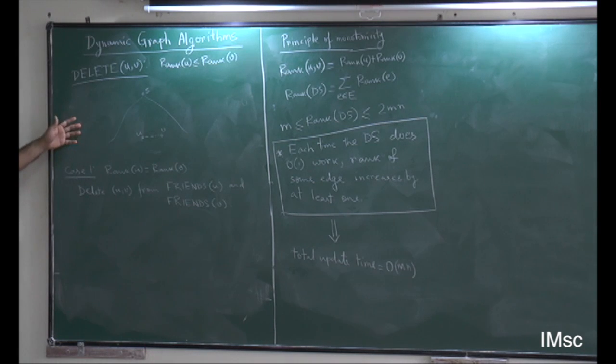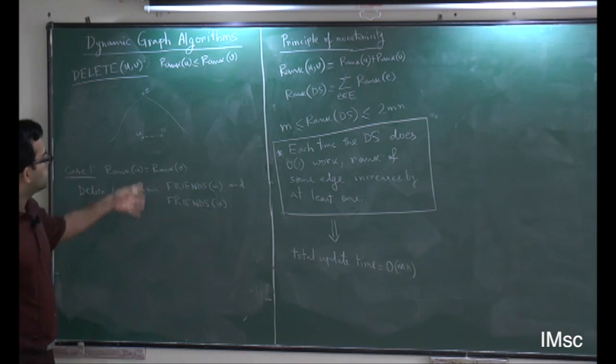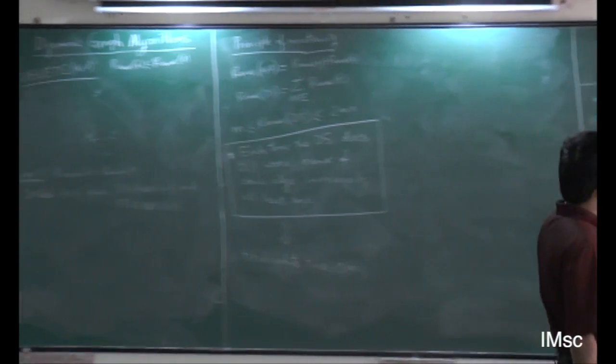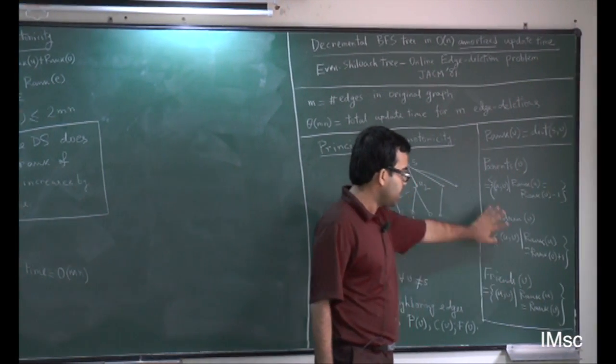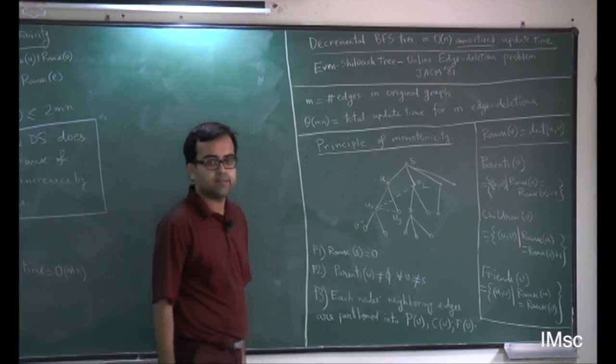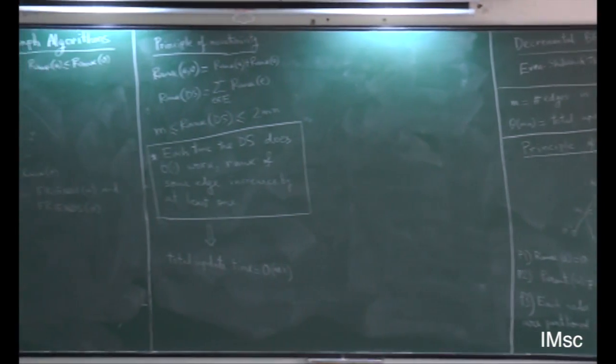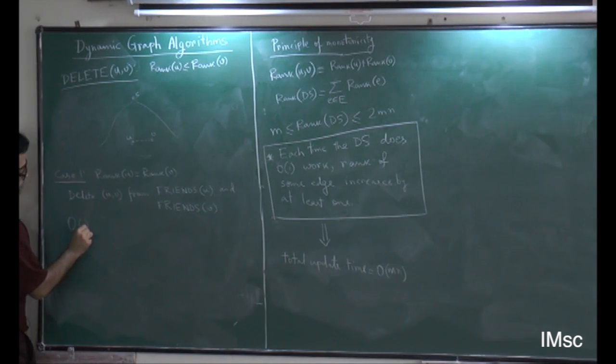No, it still remains a valid tree, right? Fine. So, just delete this edge, and this data structure is now updated, and all the 3 properties are still satisfied. So, this case will only take constant update time in the worst case.